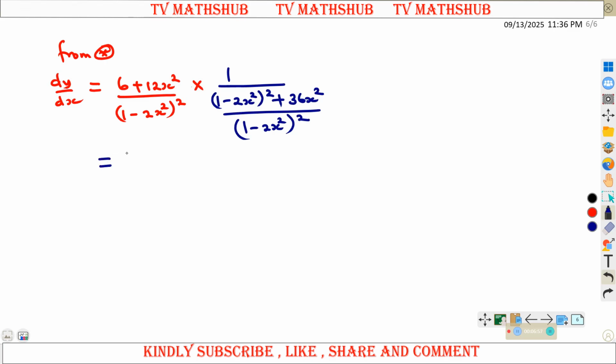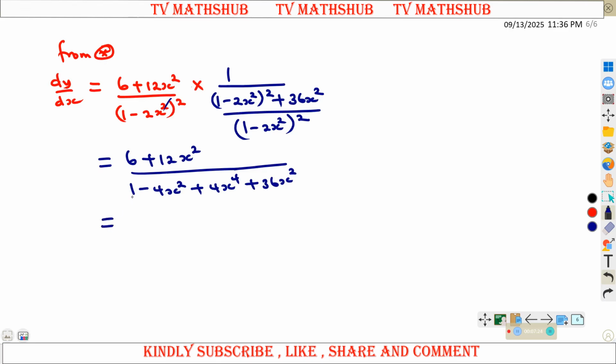So this will be the same as 6 plus 12x squared. This and this will cancel out, so you will remain with it divided by this one here. When you expand that, you get 1 minus 4x squared, plus 4x to the power 4, plus 36x squared. That is basically what we shall have.